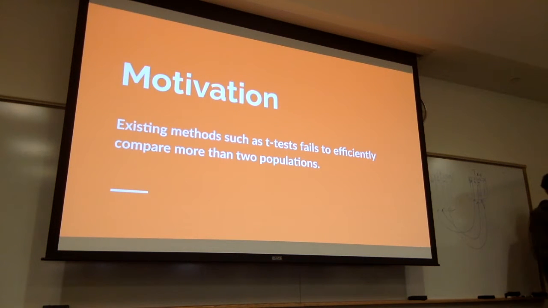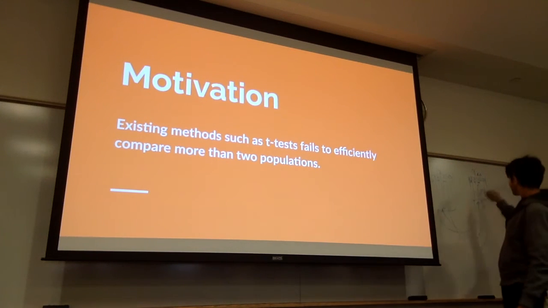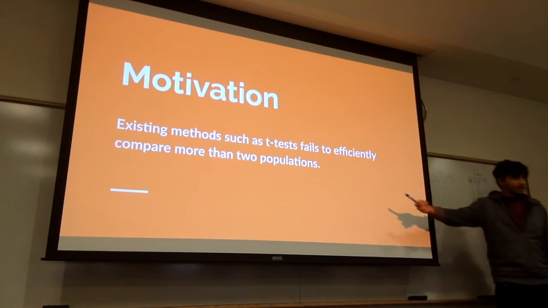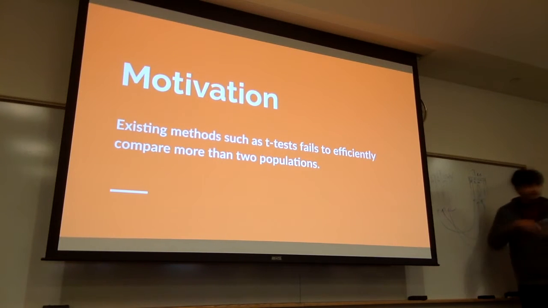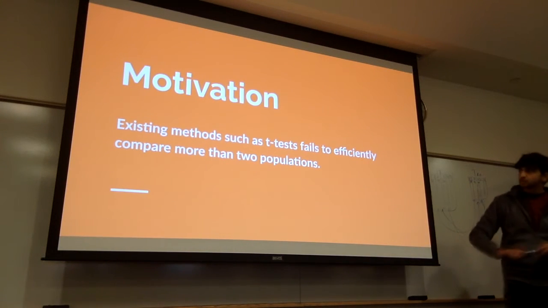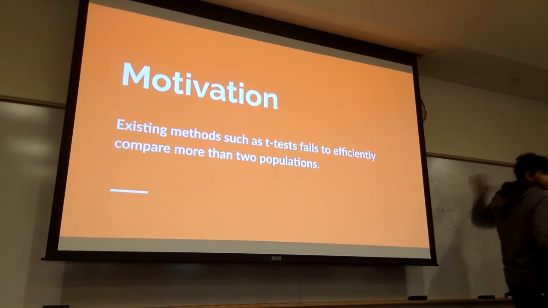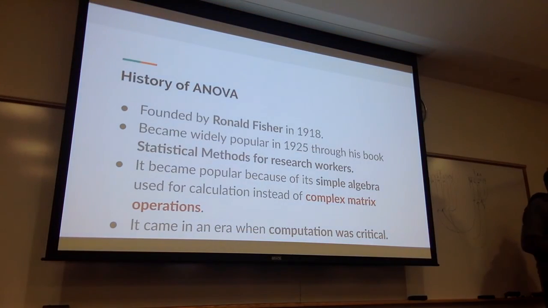So the motivation is the same thing. One of these comparison tests I spoke about is called t-tests. There are a variety of t-tests which take the whole matrix and compare, but they have their own flaws. We'll discuss that too. Because these tests fail in giving us a good metric to do this comparison, we fall back to Anova.